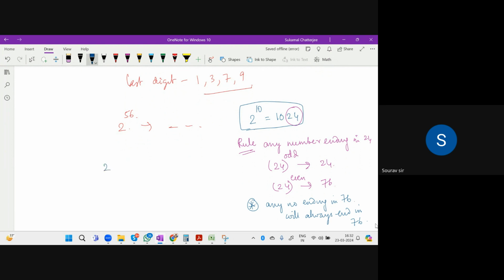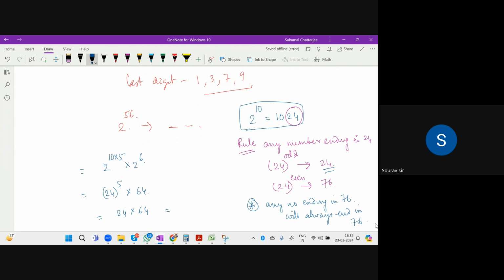I will do it like this: 2 to the power 10 into 5, 50 into 2 to the power 6. Right? So this is ending in 1024. That means 24 to the power 5 into 2 to the power 6 is 64. Right? Now this is odd. Odd should end in 24. So this will be 24 into 64.